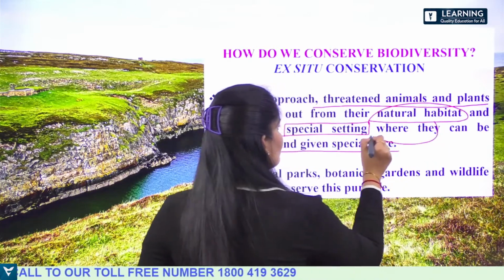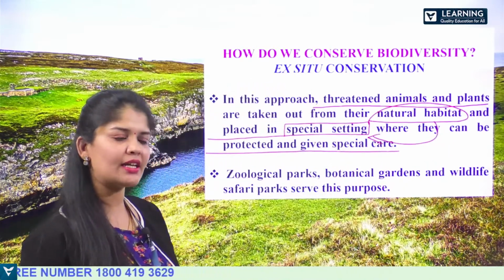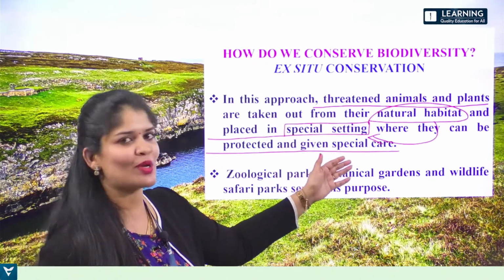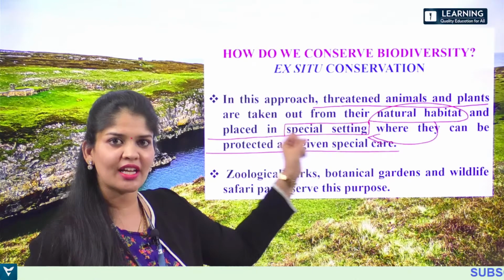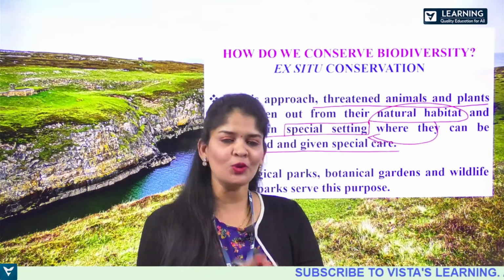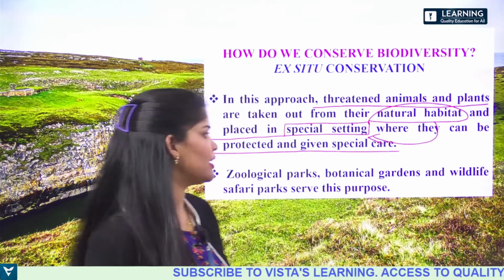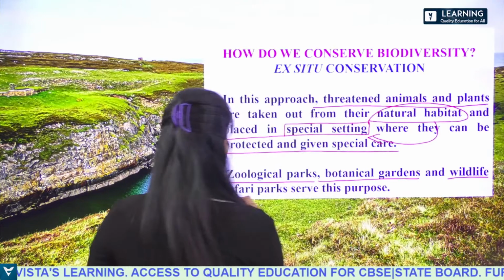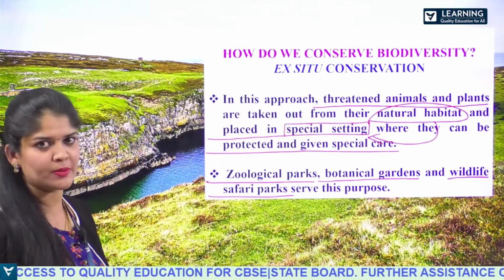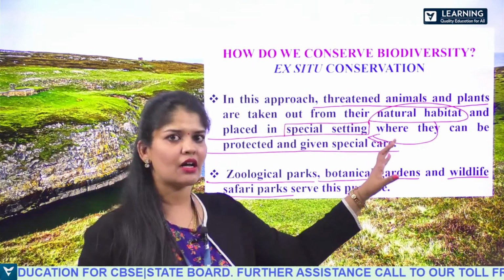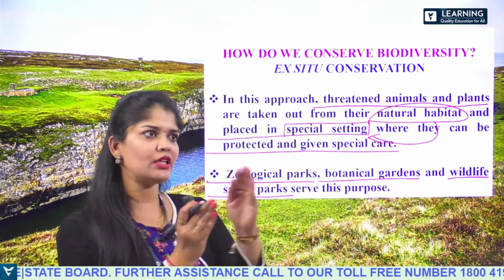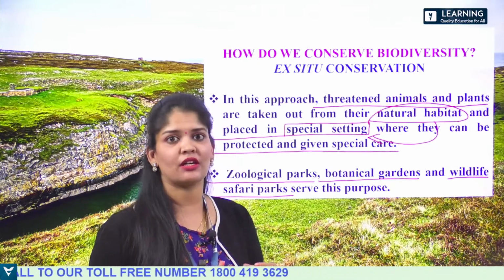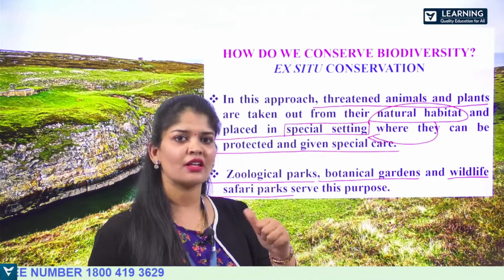They are taken from the natural habitat and provided an artificial habitat with special settings as well as special care to protect them, to conserve them, and to pass them on in good order to the next generation. Zoological parks, botanical gardens, and wildlife safari parks serve this purpose, because all of these give artificial habitats similar to the facilities that these animals or plants were getting in their previous habitats, right?